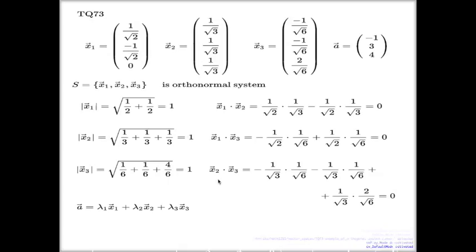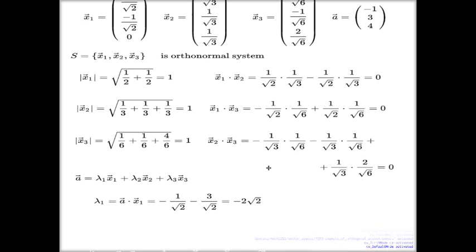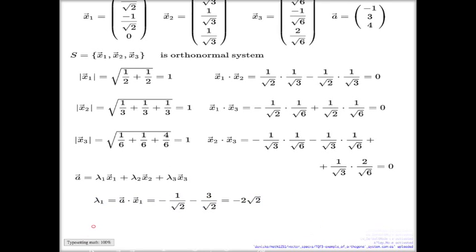All I need to do is compute three dot products. For lambda 1, that's the dot product I need to compute: x1 with this A vector. Given the 0 in here, it's a quick computation. That's lambda 1, negative 2 root 2. For lambda 2, that's a similar computation because of the lemma we had before.